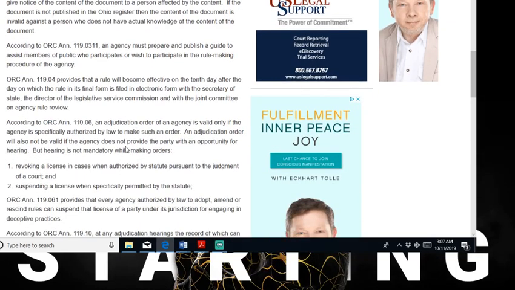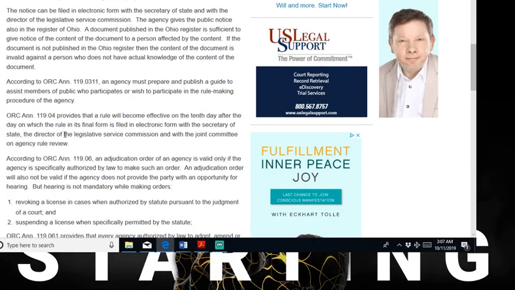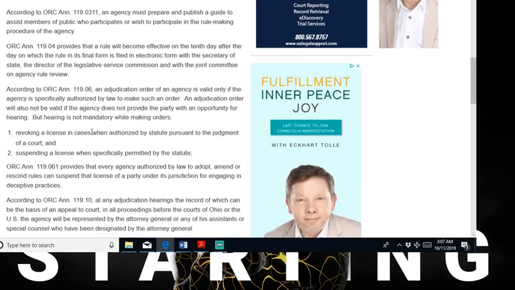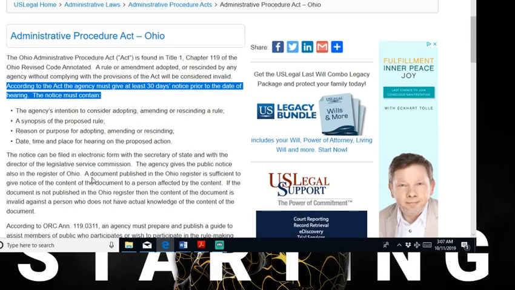I'm not going to go through all of this, but a lot of people, they even talk about revoking licenses. You've got to understand how to play the game. And everybody ain't playing the game on the same level. When you come down to doing this and putting this information out here, we understand how to do this.